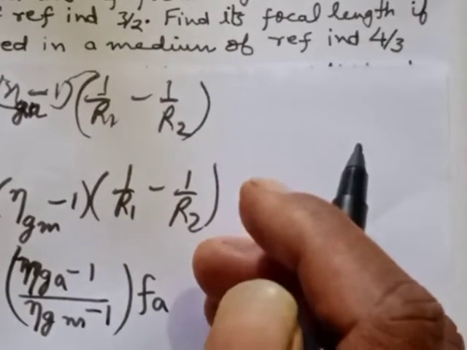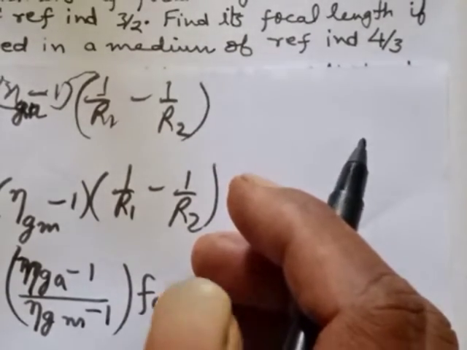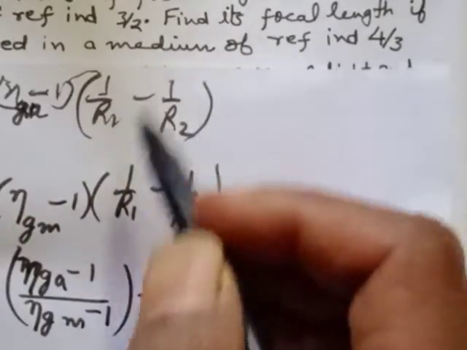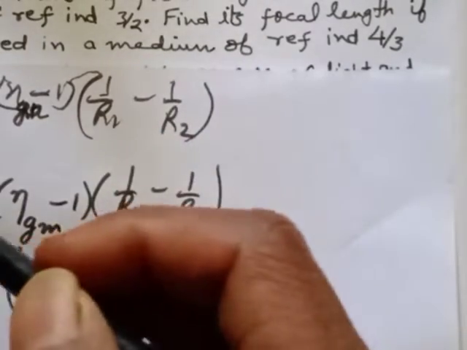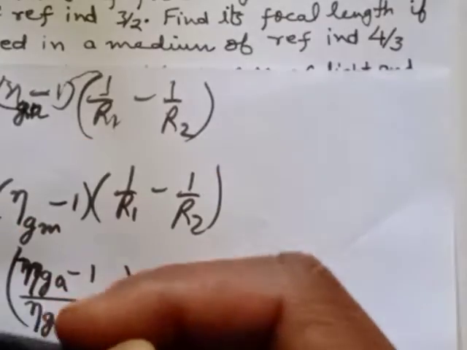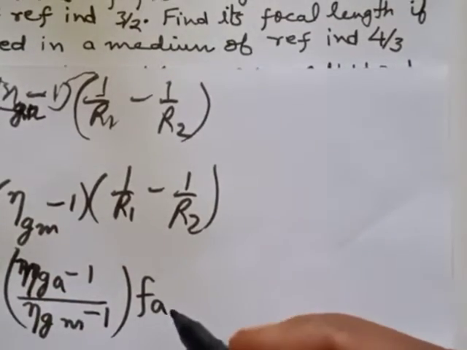Some people might wonder, then how is it? So do a little bit of algebra here. Divide both the equations, this will cancel out here. It will be simplified as fm upon fa, then cross multiply fa here.